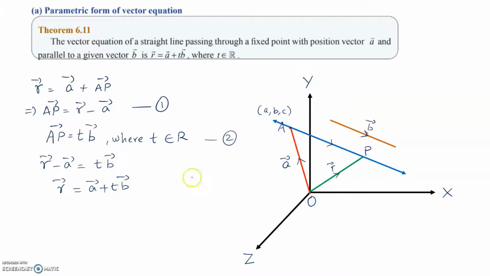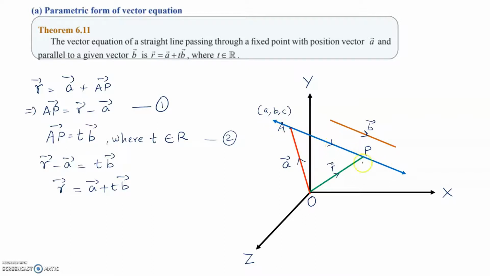As the value of t changes, the point P will keep shifting and our vector R will keep moving. Is that clear? So what do we get? By changing the value of t, we will be able to get all the points on this line AP.